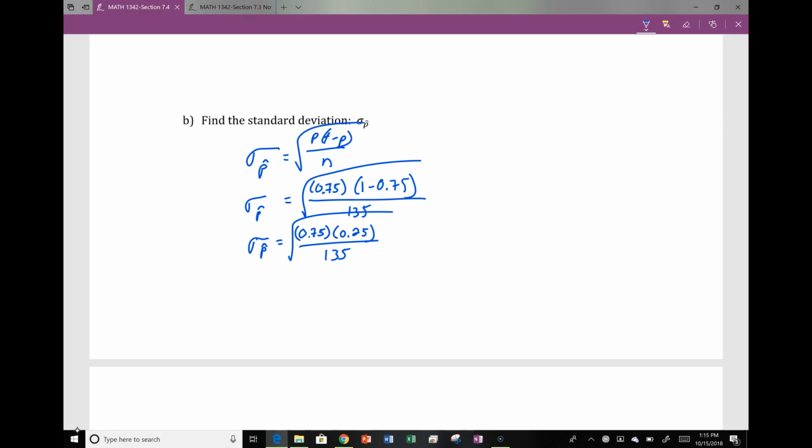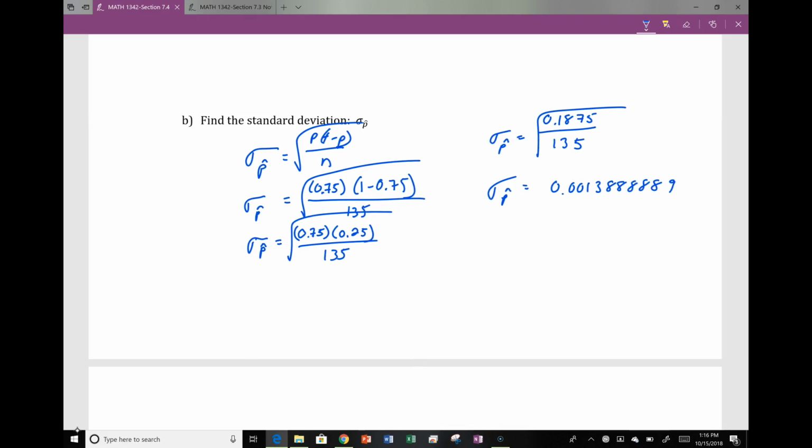So 0.75 times 0.25 gives me 0.1875. We're going to divide that by 135 and take the square root. When I divide, I get 0.00138888889, and I want to take the square root of that. You'll notice that I wrote down everything that could have been in my calculator. I do not want to round until the very end, so please don't round here.